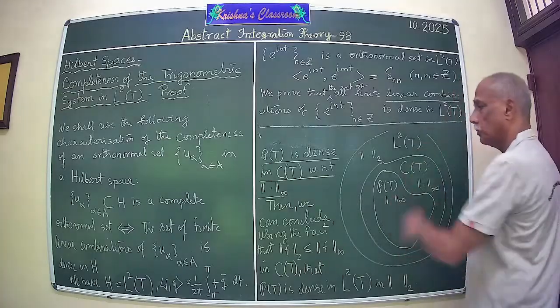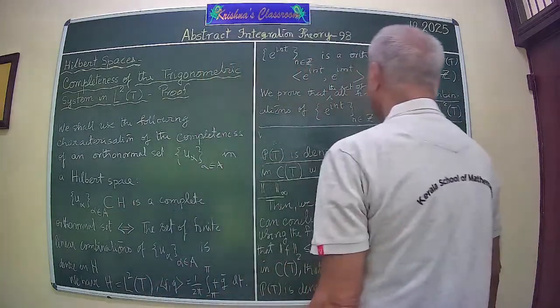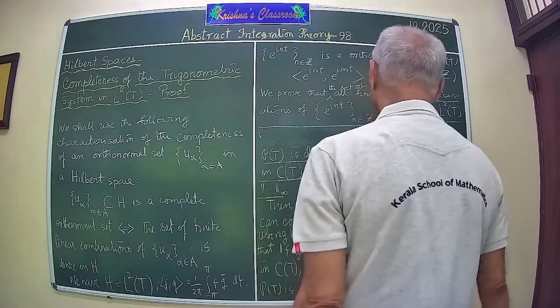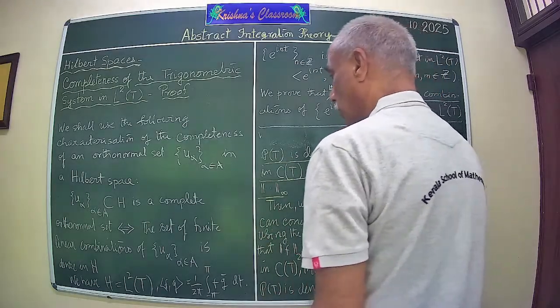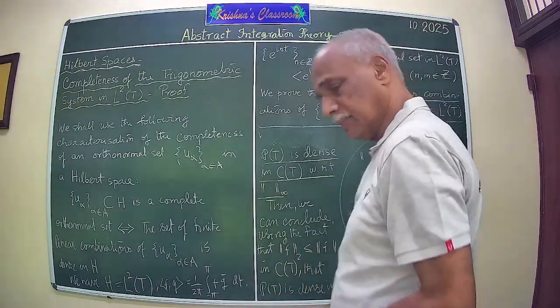So once we prove this, because of the equivalence, it immediately follows that e to the power int, which is already an orthonormal set, is complete.